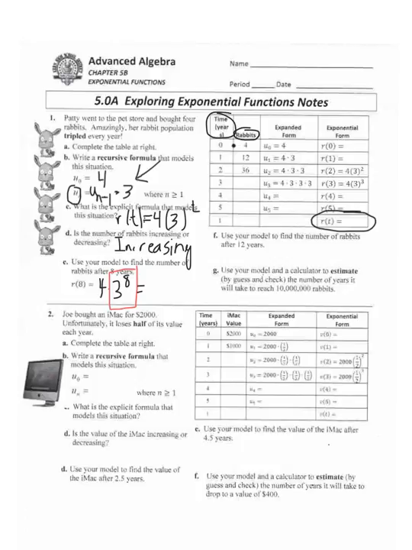If you don't have a calculator, you can Google graphing calculator. And then you can choose from either Desmos or Algebra.